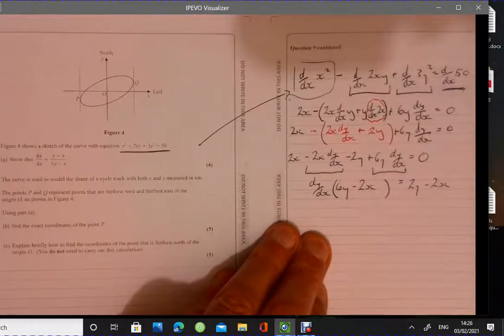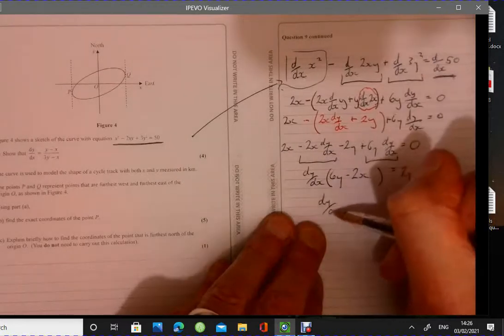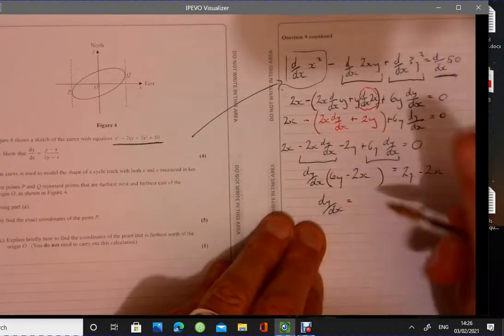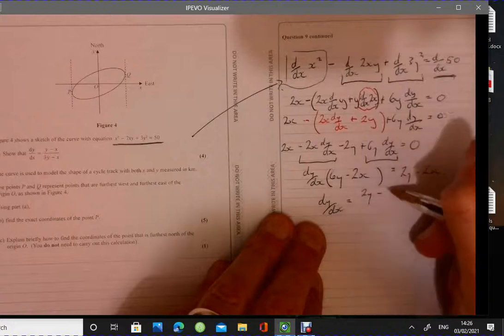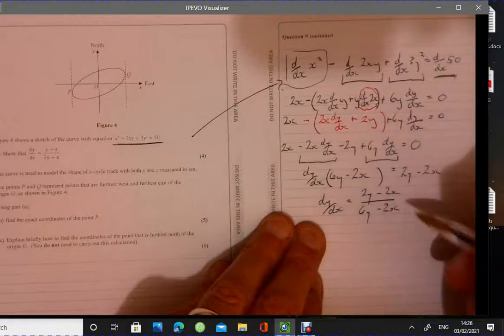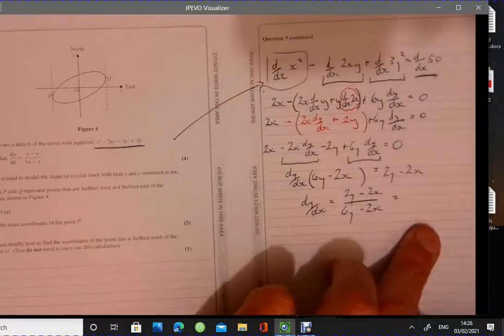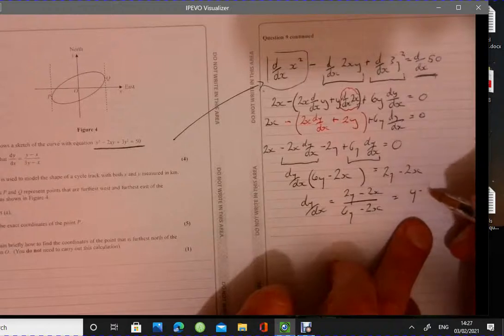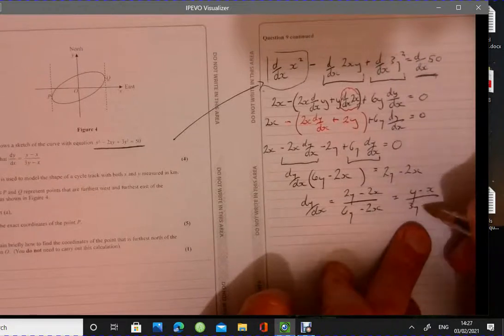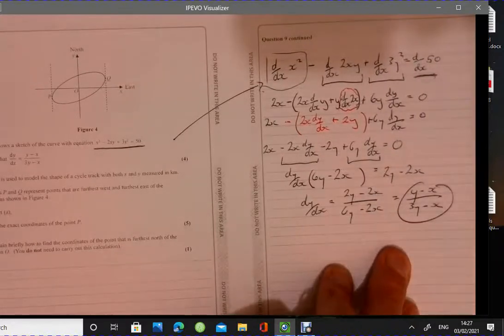I like to write the negative at the end if we can. Divide both sides by this. So dy over dx is equal to 2y minus 2x over 6y minus 2x. And that's equal to y minus x over 3y minus x, which is what we wanted.